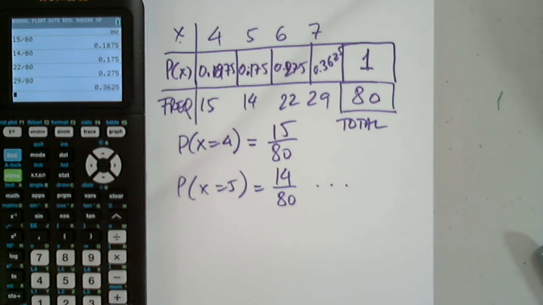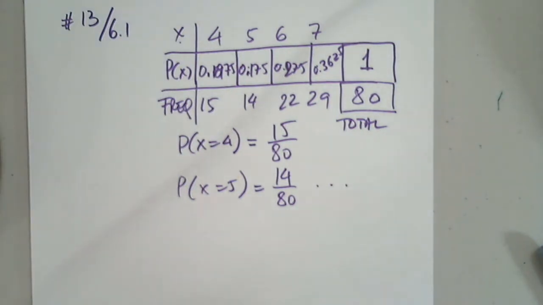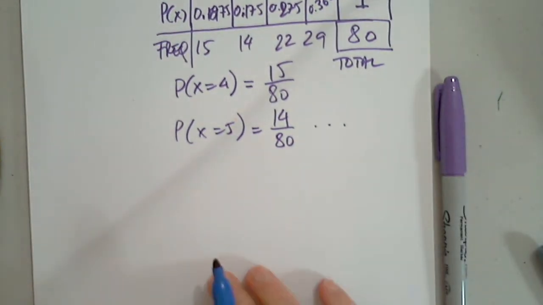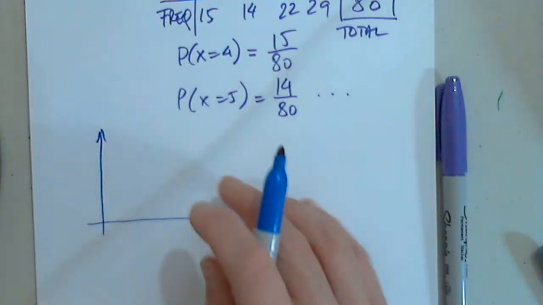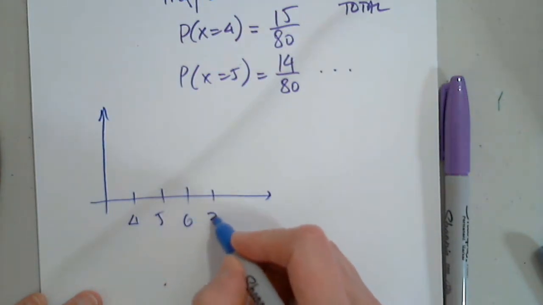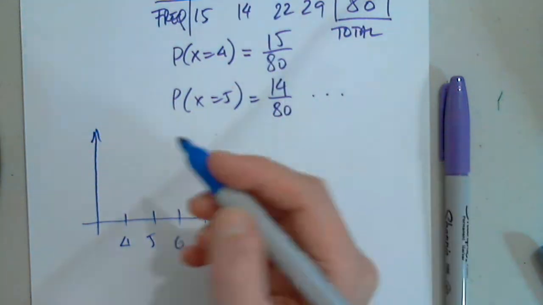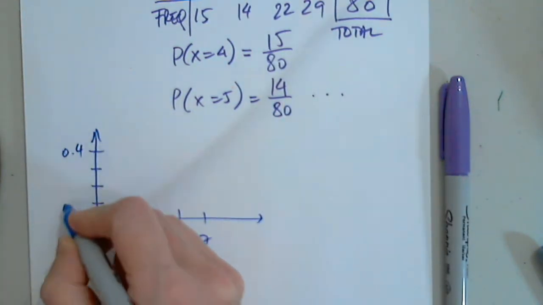Graph the discrete probability distribution. Again, I don't like just selecting something. I like to present my own work, and you have to do this on paper anyway. So this is 4, 5, 6, and 7. The highest probability is 0.36. So 0.1, 0.2, 0.3, 0.4.